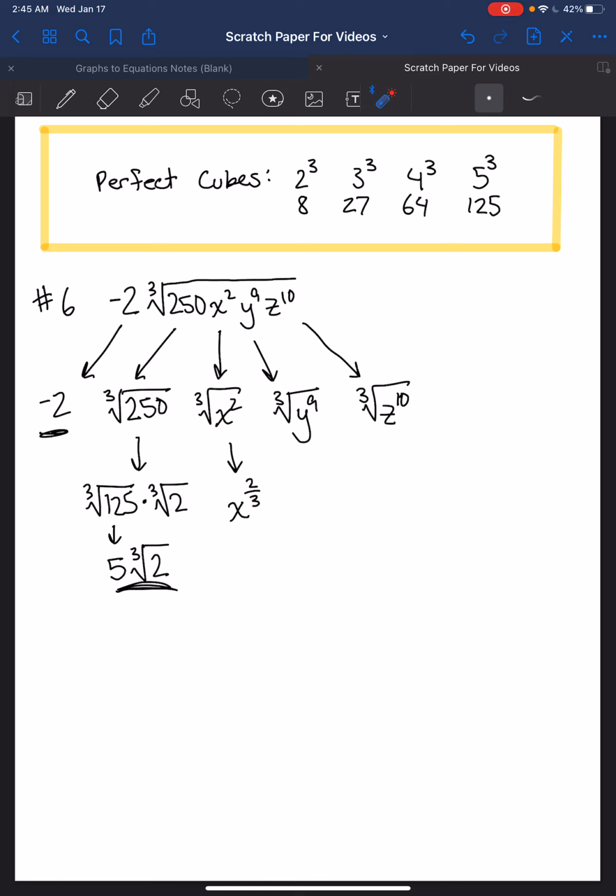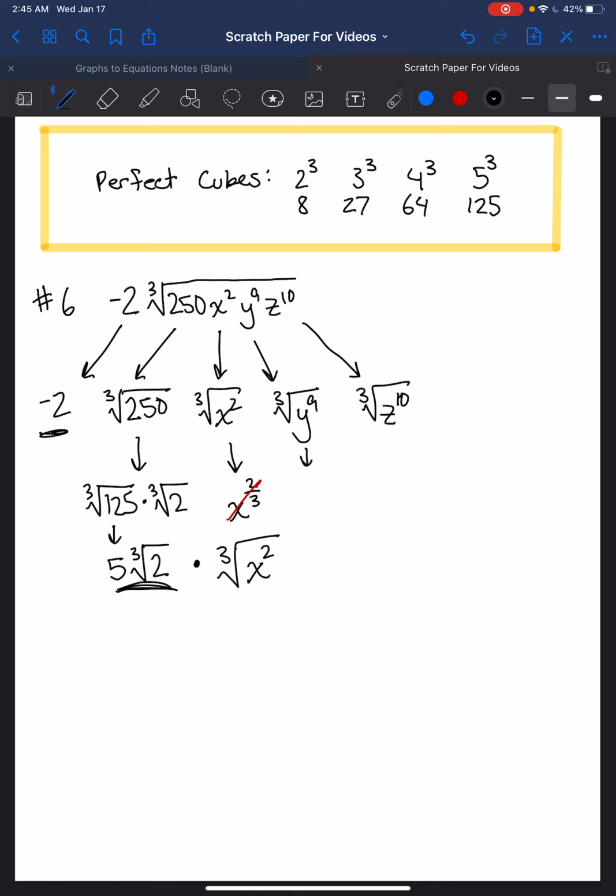So actually, I can't do anything here at all. So it stays cube root of x squared. Basically, this happens when the inside number is smaller than the outside number. If this is too small, it's definitely not coming out of the radical. So that's something to keep in mind.